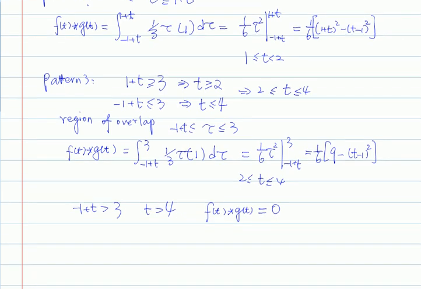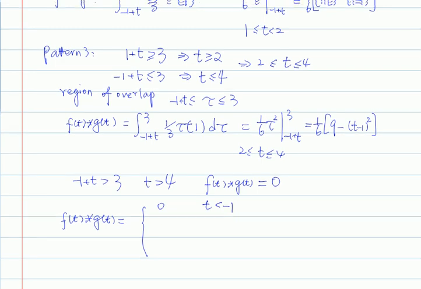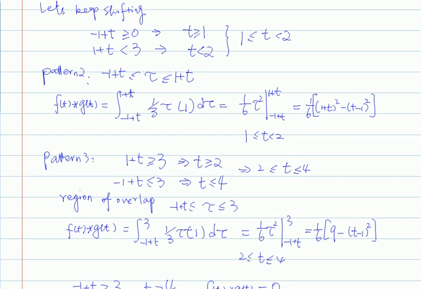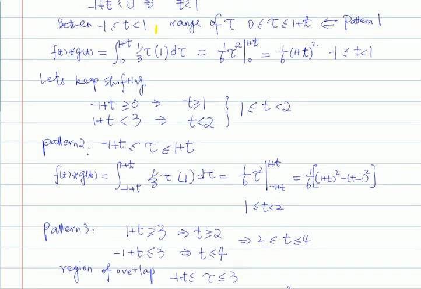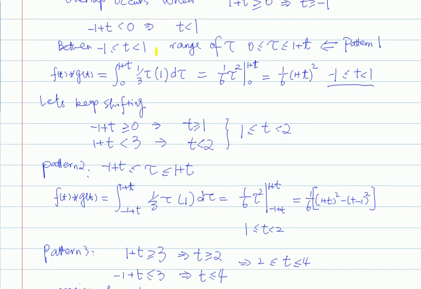So now we can summarize here. f of t convolved with g of t is, first of all, 0 when t is less than -1. Let's go back. What do I have for the first pattern here? When t is greater than -1 but less than 1, I have 1/6 times (1 plus t) squared.